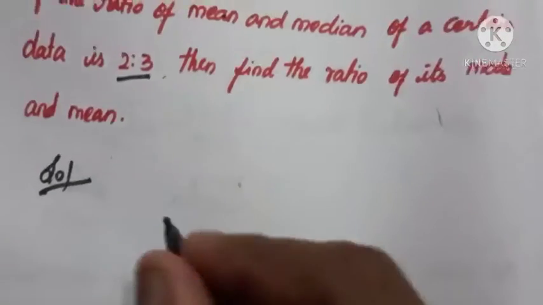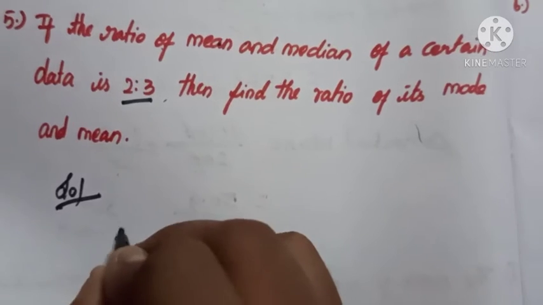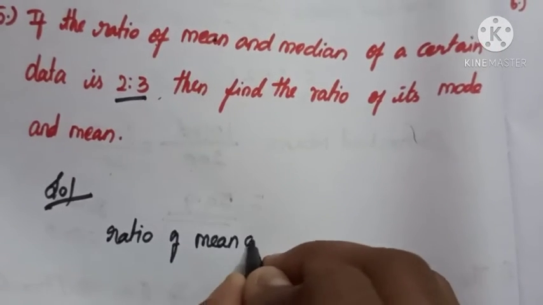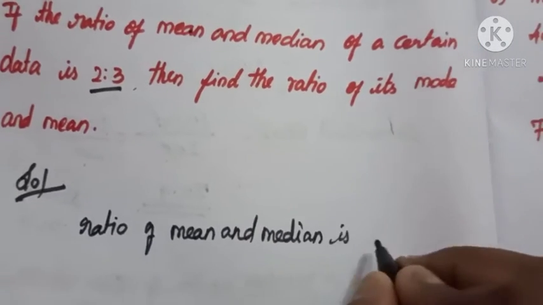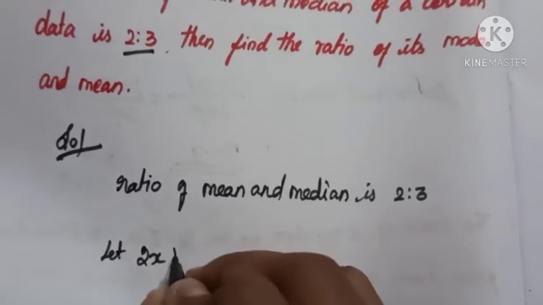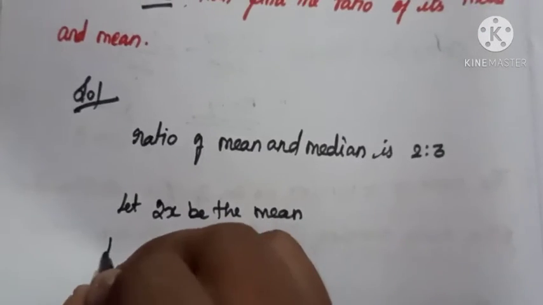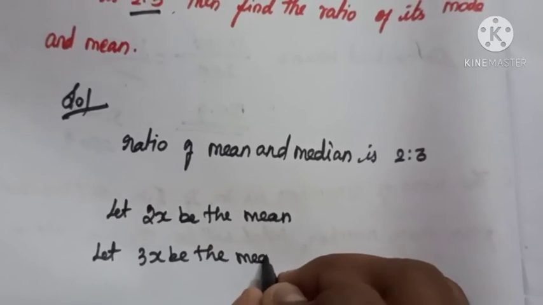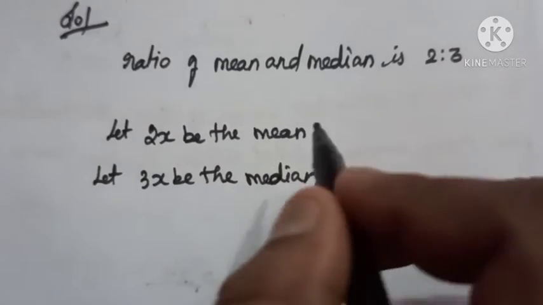The ratio of mean and median is 2:3. Let 2x be the mean and let 3x be the median. So 2x and 3x are the mean and median.